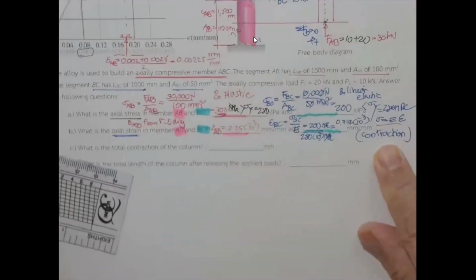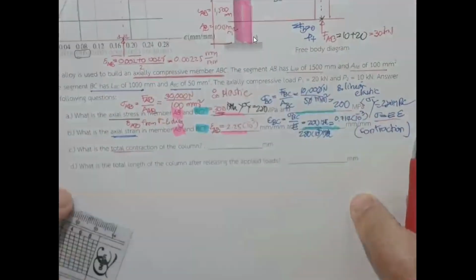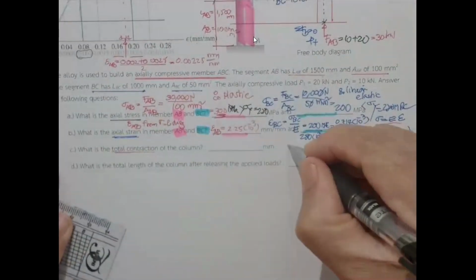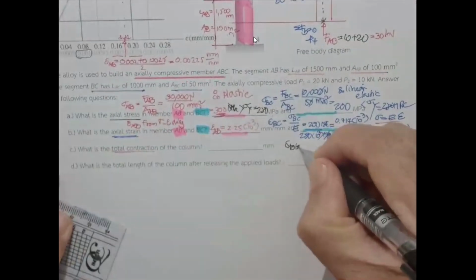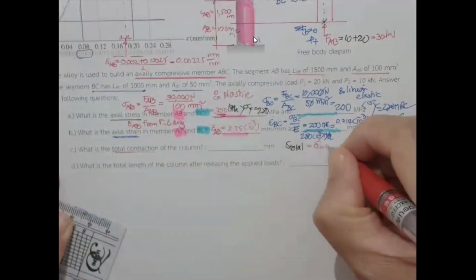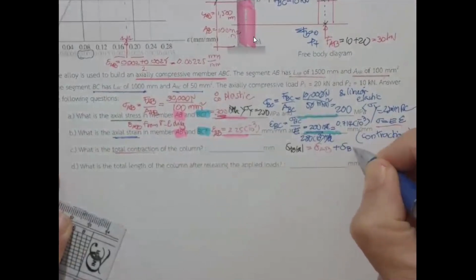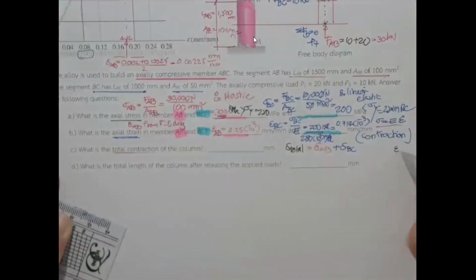We move to another part of the problem, the total contraction. We will determine delta total. Delta total is going to be delta AB plus delta BC. We have strain equal to deformation over length, so deformation is strain times length.